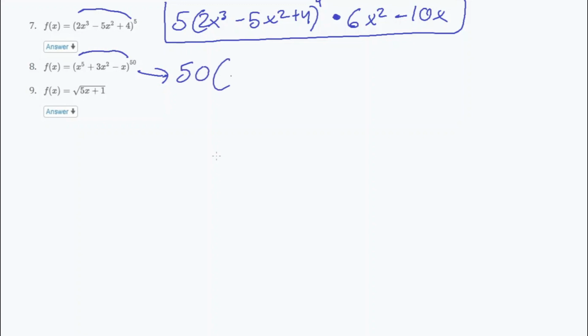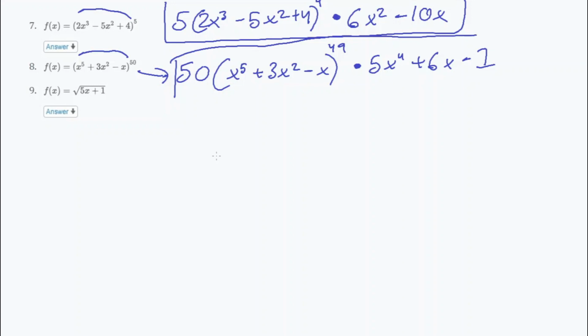So we have 50 times (x to the fifth power plus 3x squared minus x), and then we have it to the 49th power, multiplied by the derivative of the inside, which is going to be 5x to the fourth power plus 6x minus 1. And this would be our final answer for the derivative of number 8.